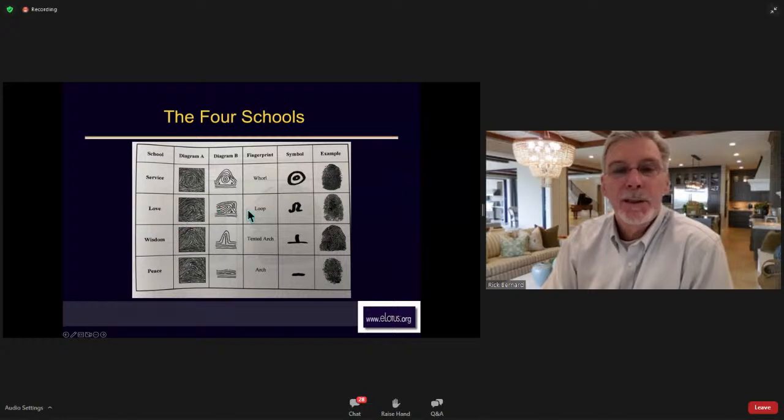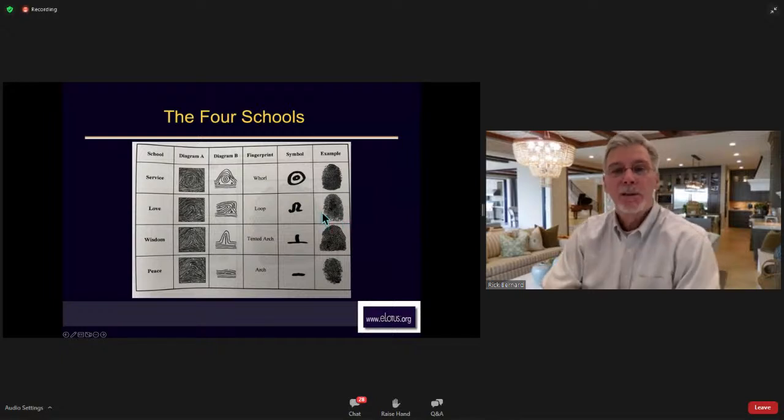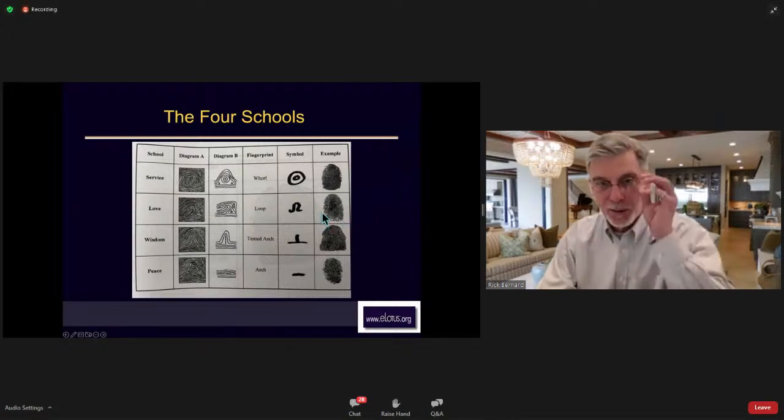The people in this are going to be in the school of love. And there's one tri-radii in this fingerprint pattern. We designate it by this little symbol. This is what a loop looks like in a fingerprint. You can see how it just kind of goes up and comes right back to the same side. So that's going to be associated with people that are in the school of love.